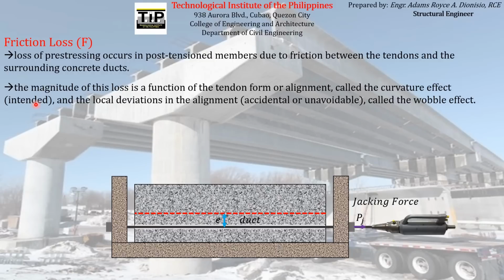In addition to that, there are what we call local deviations in the alignment, which is actually the accidental or unavoidable curvature, which adds additional friction loss to the prestressing reinforcement. That effect, due to local deviations in the alignment or the accidental or unavoidable curvature, is what we call the wobble effect.